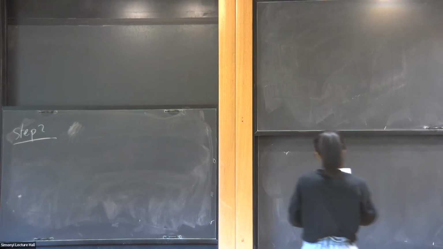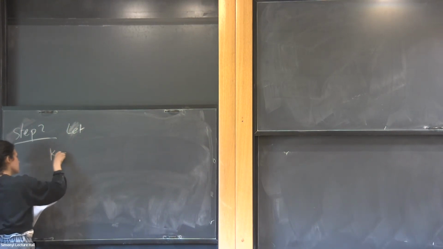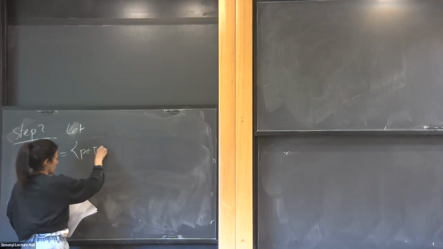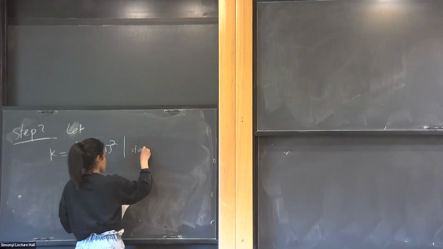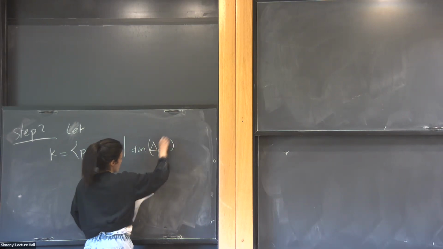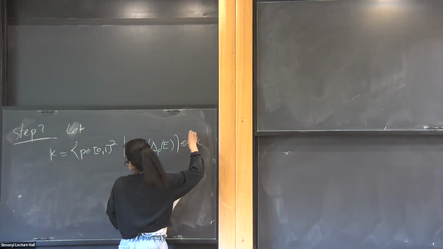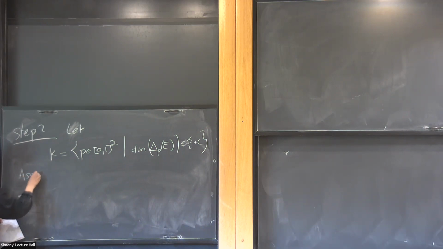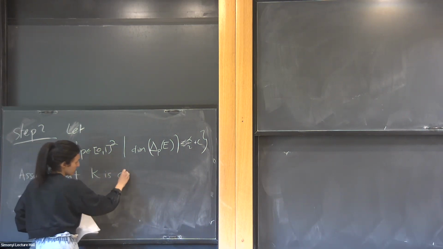And we look at the set, let's call this set K. So let K be the set of all points in the unit square such that the dimension of this set is at most alpha over 2 plus C. And let's assume that K is curved.